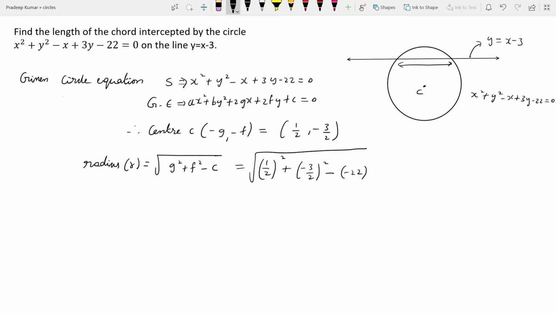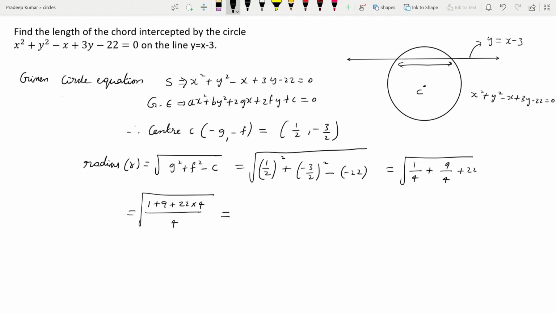So let's solve this forward and see what we get. 1/2 whole square gives 1/4, plus (−3)² which is 9/4, minus of minus is plus, so plus 22, under root. As the denominator is the same for both of these, we can do the LCM. So I can write this as (1 + 9 + 22 × 4)/4 under root.